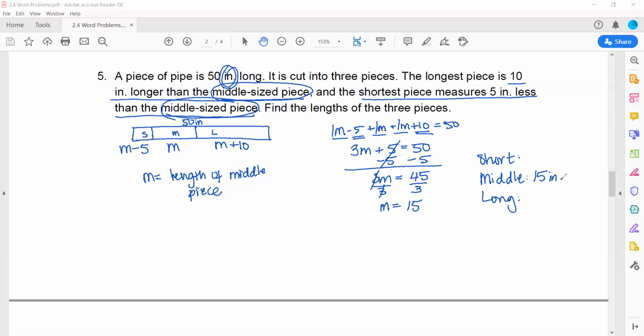The short piece is m minus 5 because it's 5 inches shorter, so 15 minus 5 gives us 10 inches. And then our long piece is the middle piece plus 10 more, so that's going to give us 25 inches.